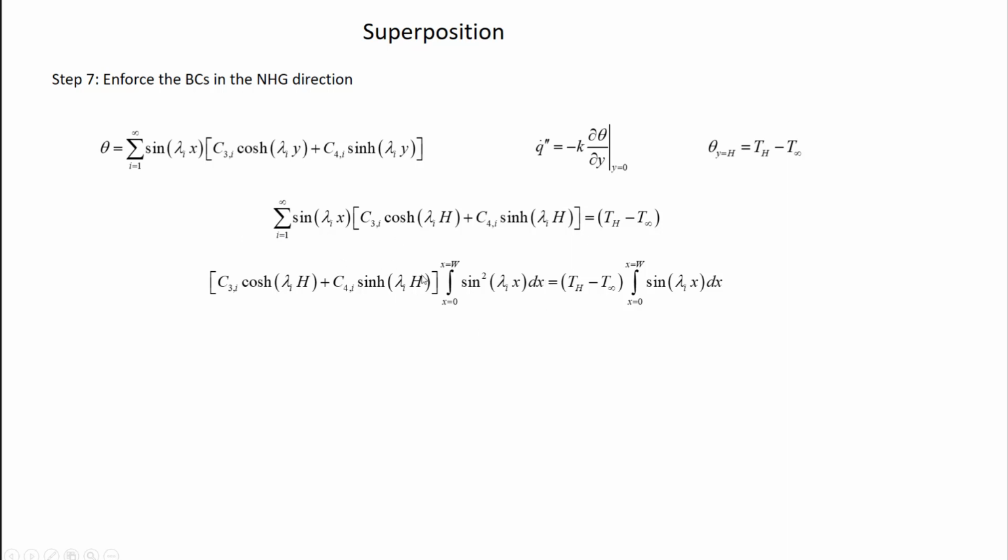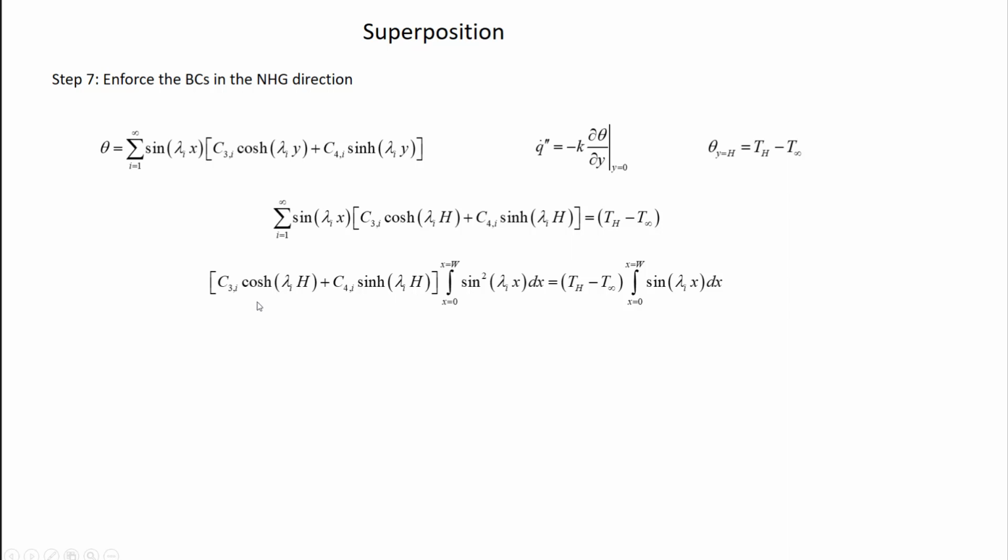All of these terms go away, and I'm integrating sine squared of lambda i x, and then whatever I do to this side, I also have to do to this side. So I'm going to integrate sine of lambda i x dx. So here's another equation, right? I have to do these two integrals, but that's not too hard. I already know all my C4s, so this equation is going to give me all my C3s.